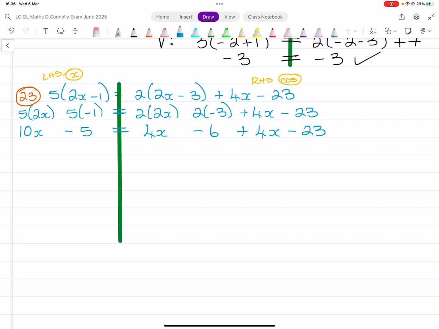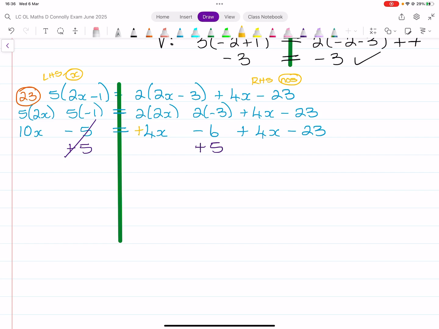Now that I have all my brackets multiplied, I can start moving things that are in the wrong place. So the minus 5 is in the wrong place. So we'll plus 5, which will cancel. And then we'll plus 5 over here.